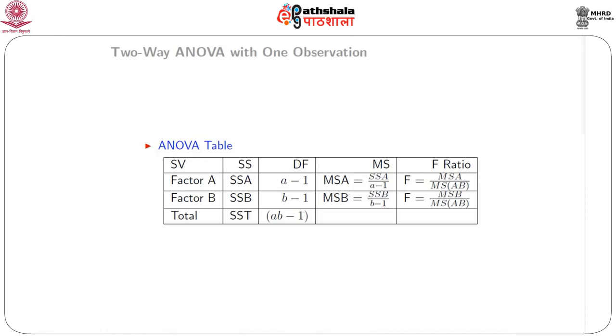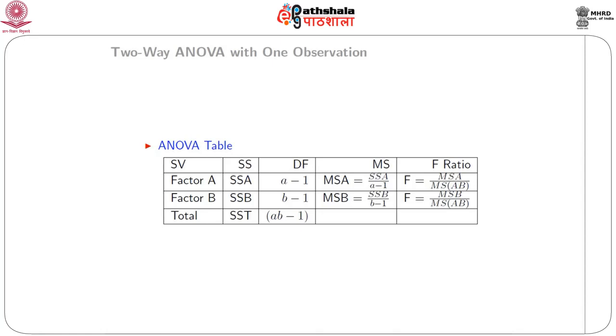Two-way ANOVA with one observation gives rise to an ANOVA table which looks like this. I will not read out all the cells, you can read them for yourself. Just notice that there are 5 columns. The first is called SV. In most standard places it is called source.